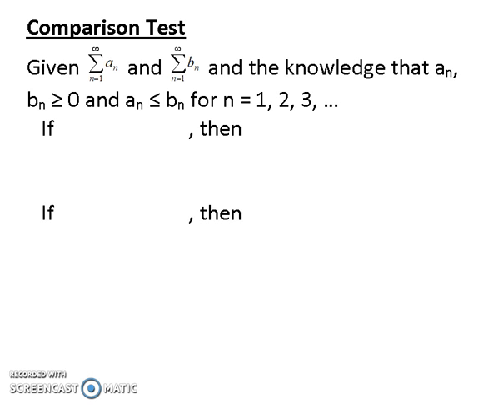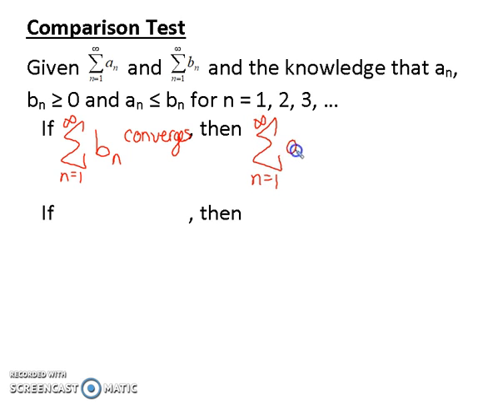So if the larger series, that would be b sub n, converges, then that means that the smaller series, a sub n, also converges. So if the larger series converges, the smaller series converges.